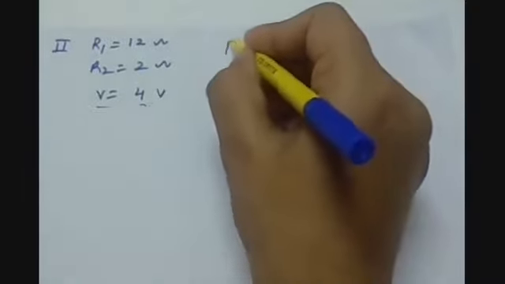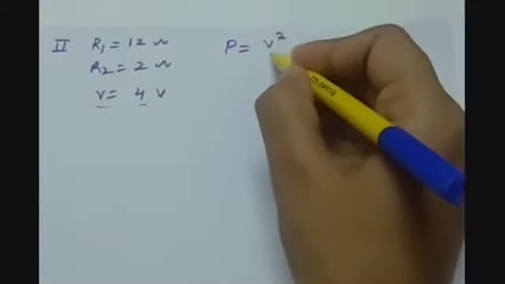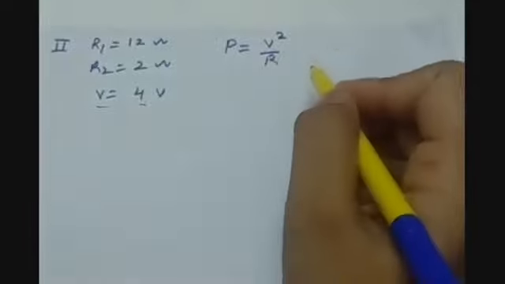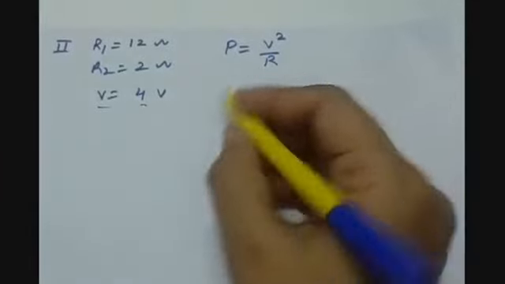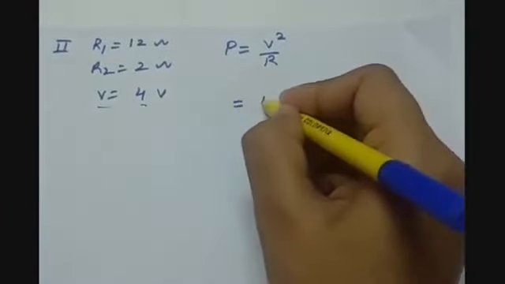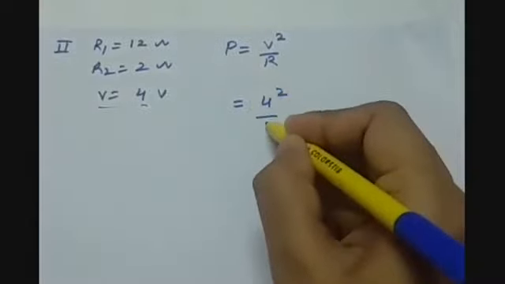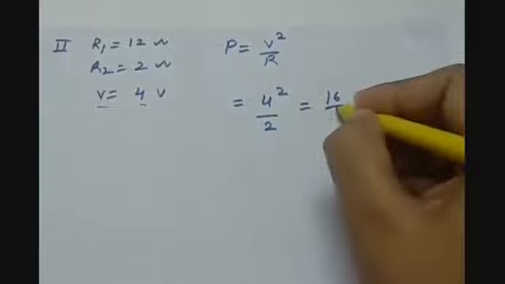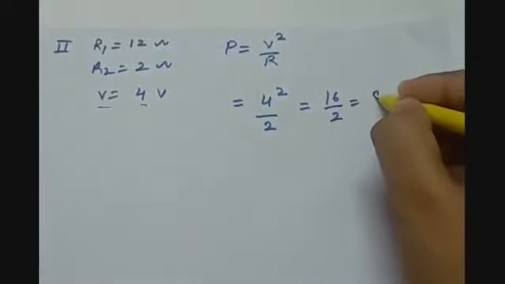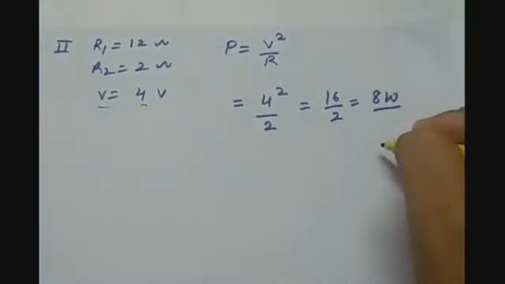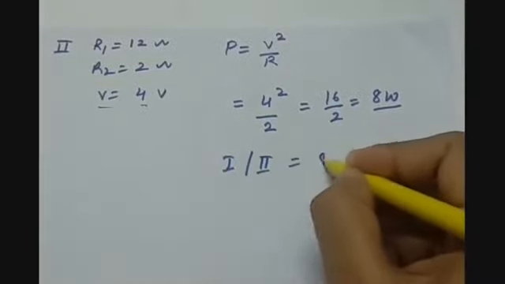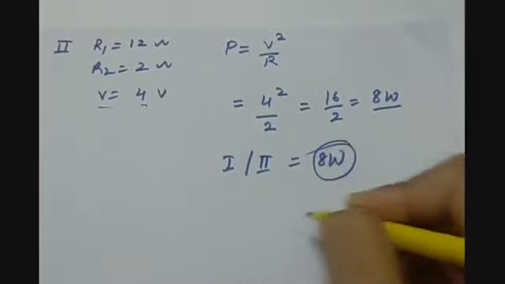To get the power, we have the formula V square by R, where R is the resistance through which we have to calculate the power. So potential difference is 4 square, R is 2, across which we have to see the power consumed. So that is 16 by 2 and comes out to be 8 watt. So in first case and second case, both we have the power consumed as 8 watt.